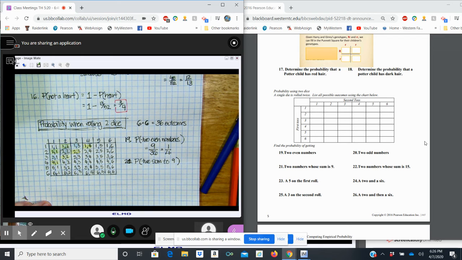So that would look like my 3 plus 6 is 9, 4 plus 5 is 9, 5 plus 4 is 9, and 6 plus 3 is 9. So here I got a total of 4 out of 36. The probability here is 1 out of 9.